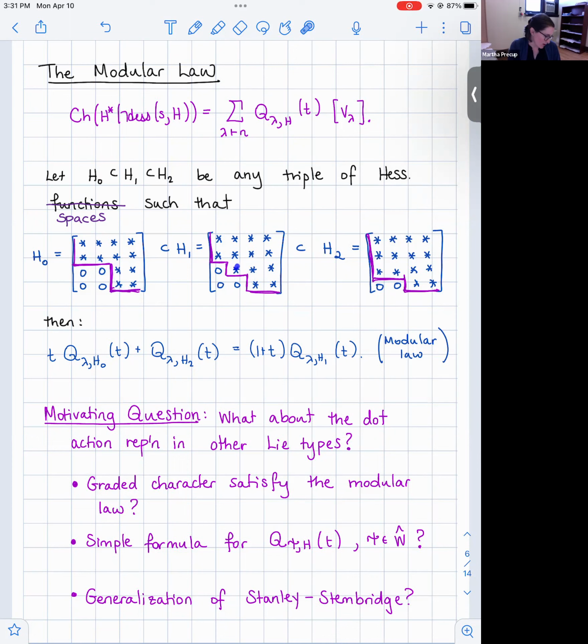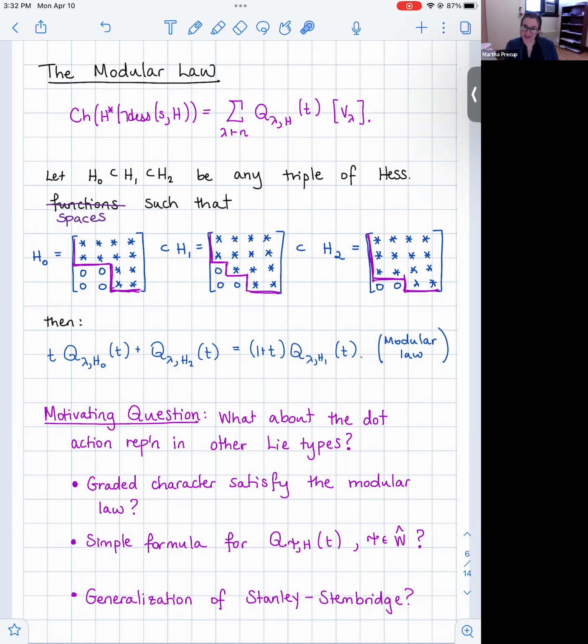Similarly, I can take this empty corner, flip it, and get this other one over here. So anytime you have a triple where you can go between these by flipping corners, and there are actually one or two other conditions that need to be met, which I'll get to a little later.